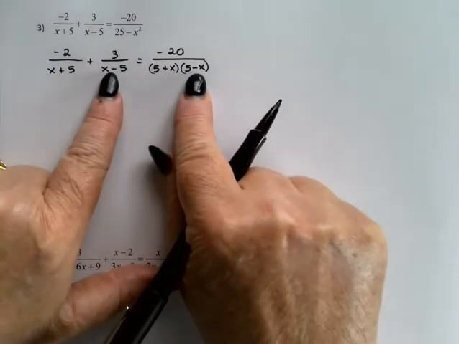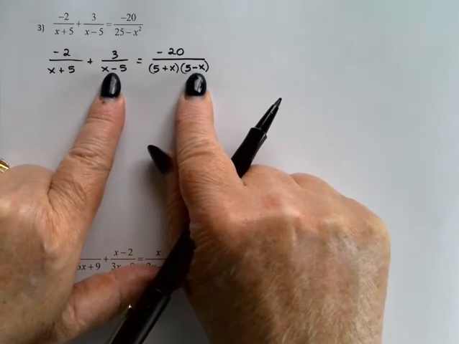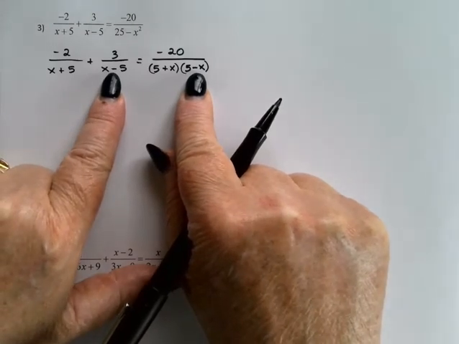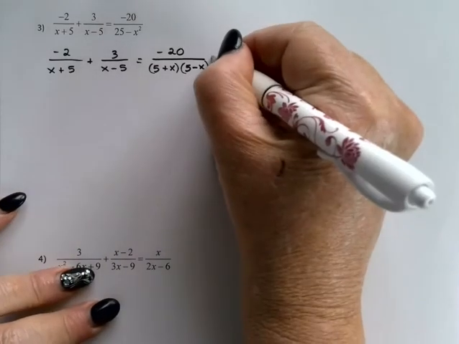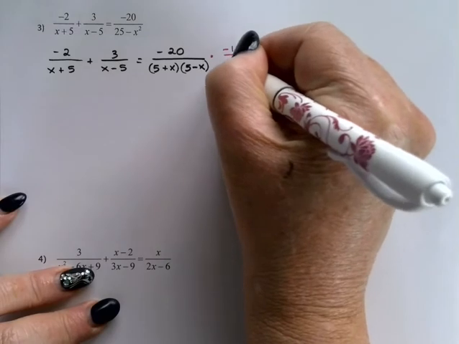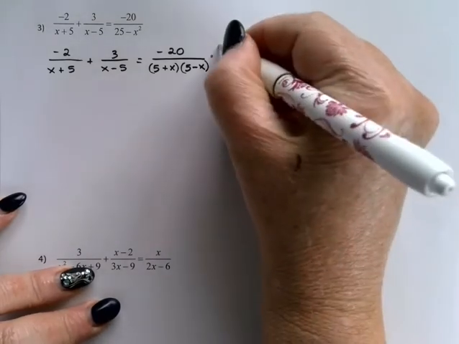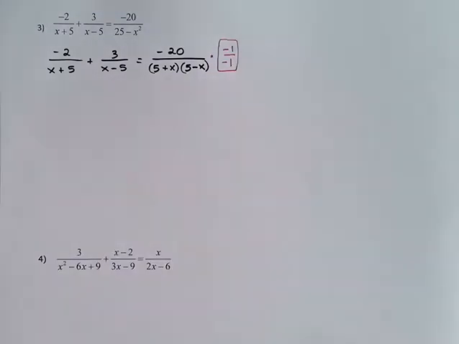Now I really don't want to count these as two completely different terms for my LCD, and so the way to fix this, which we've seen before, is to multiply top and bottom by -1. Again, I'm multiplying by a form of 1, which doesn't change the value, only the appearance.